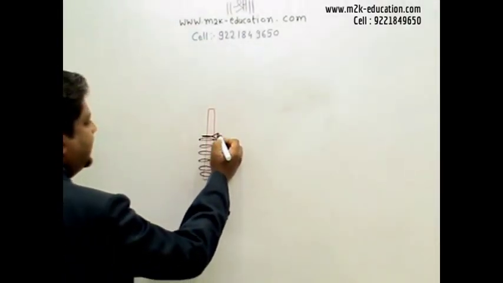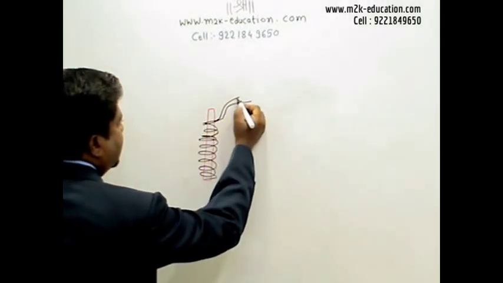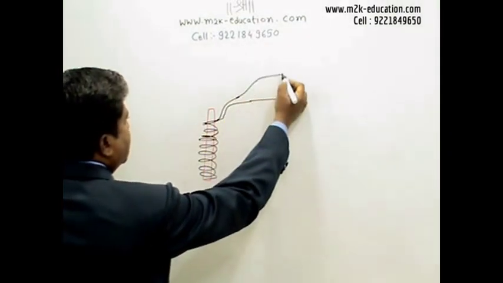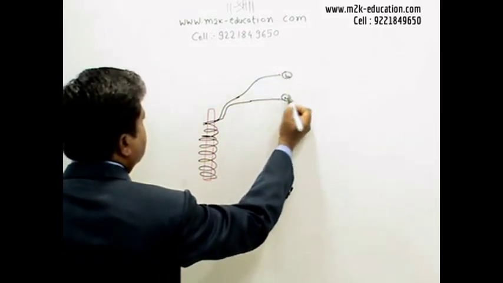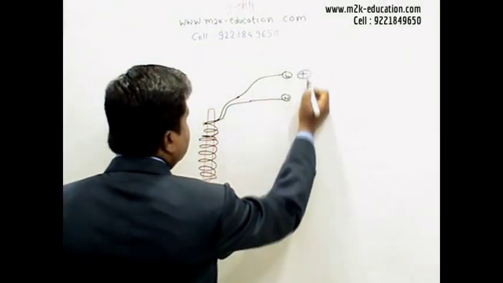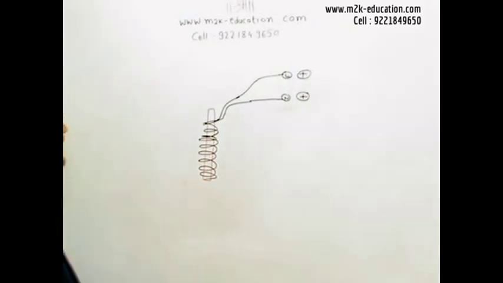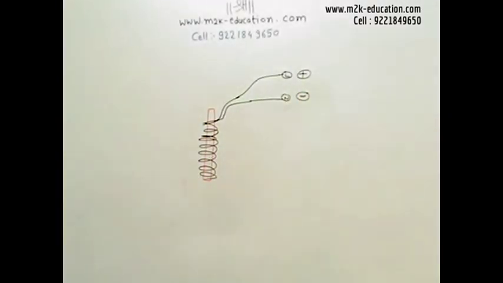Now this is all technical. Say I am taking out two terminals here. I may say one is live and one is neutral, suppose. Or, if the AC/DC concept is there, in the case of DC I may say one is positive and one is negative.